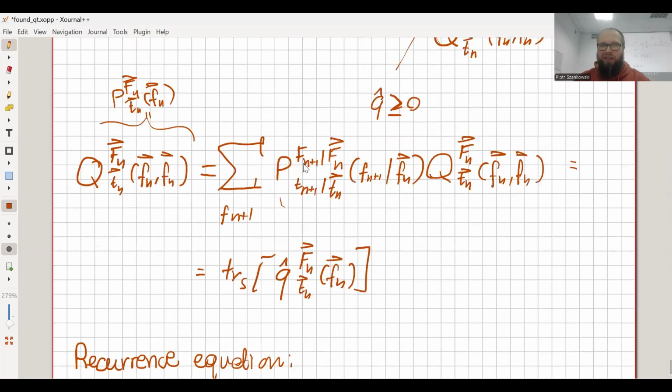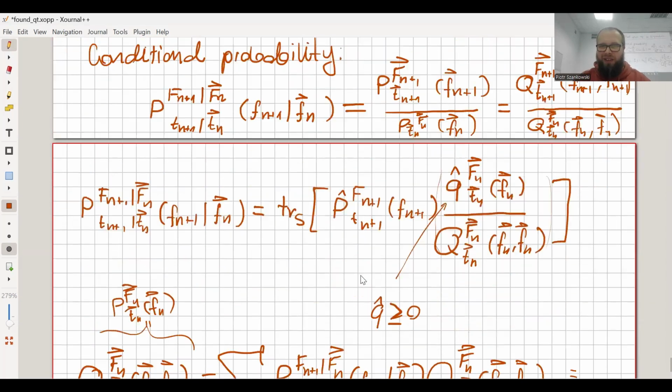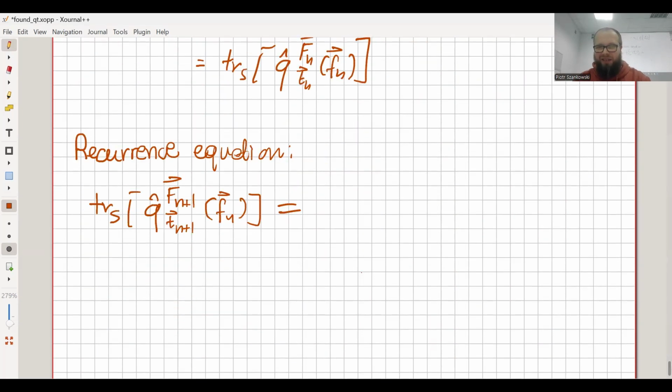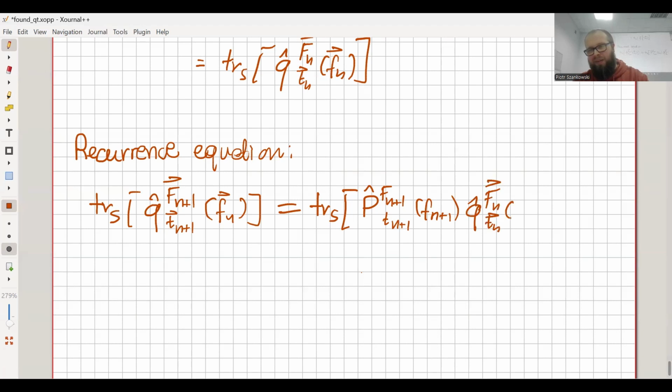And combining everything here, you can conclude from this that this equals P F1 plus 1, Tn plus 1, Fn plus 1, Q, n times, plus 1, sorry, plus 1.